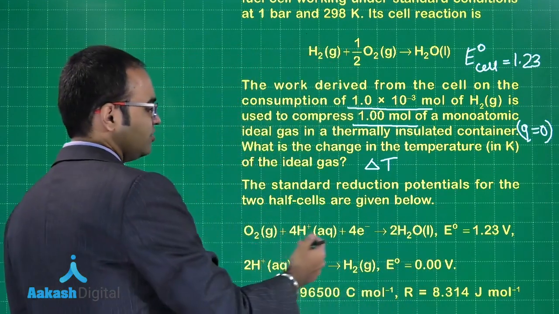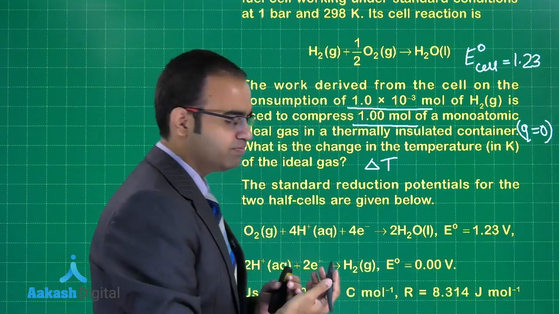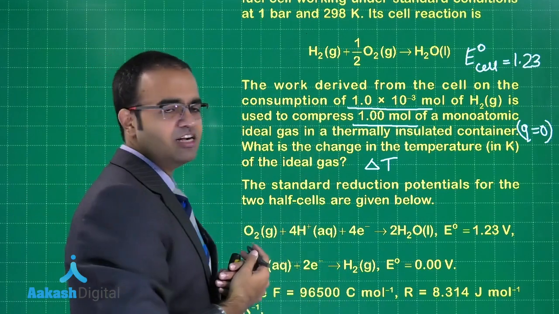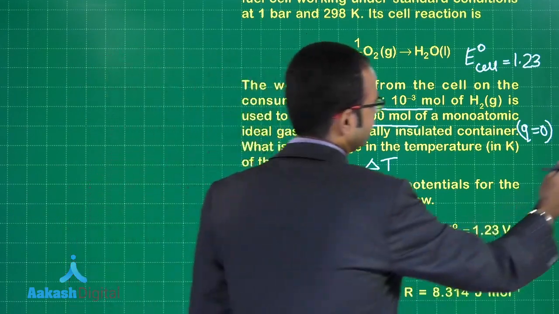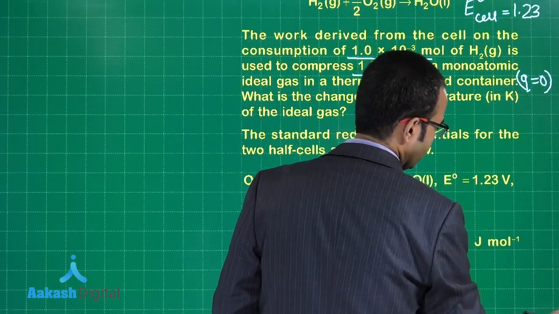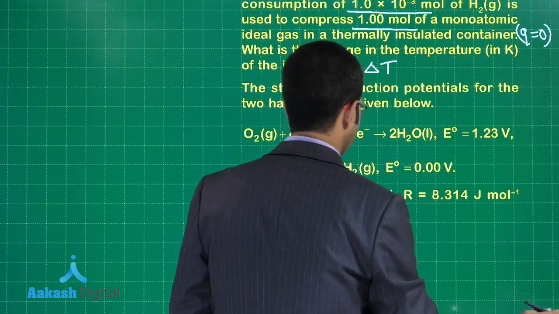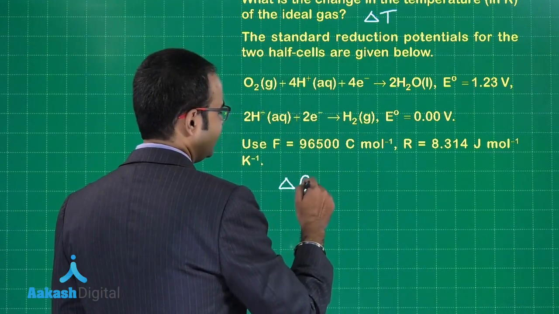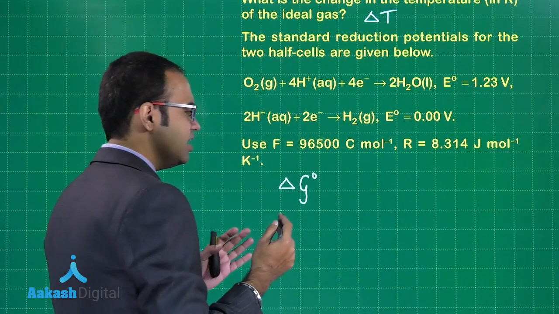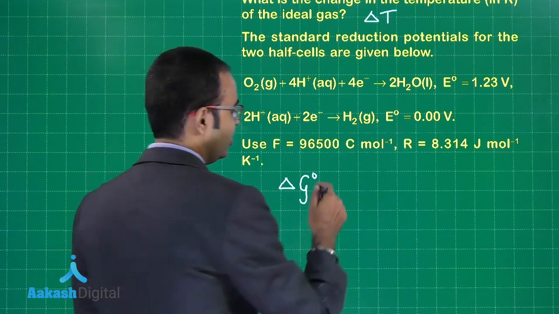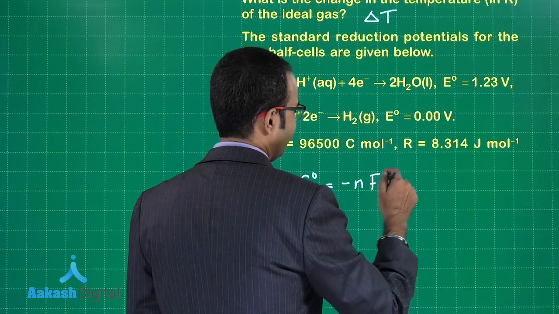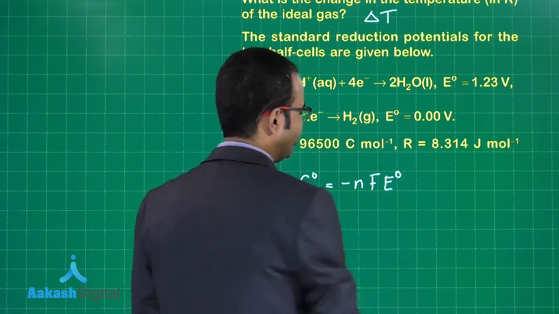Yes, because for standard hydrogen electrode it is 0. So for the entire cell it will be 1.23 volts. Okay, so that we know. So if we quickly calculate the value of del G naught over here, it will be equal to minus nF into E naught.